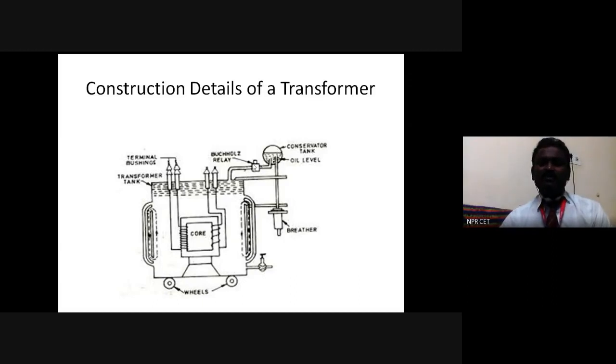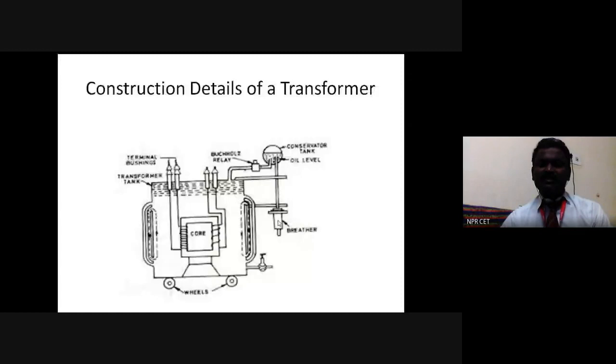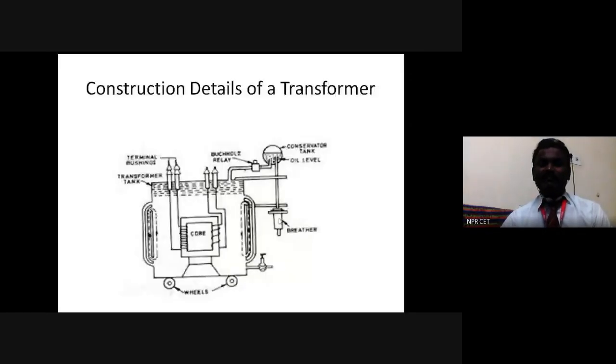So this is the use of Buchholz relay and breather. The breather is a cylindrical tube. It contains silica gel. The property of silica gel is absorbing wet air.